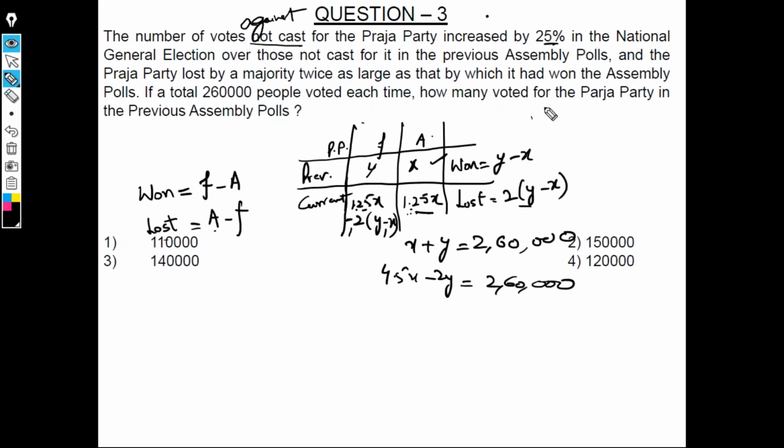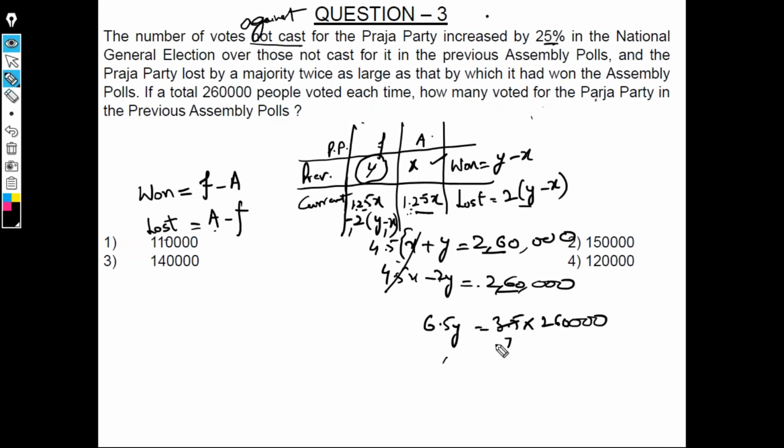And it asks how many voted for the Praja Party in the previous assembly polls. So we require the value of y, which means I need to eliminate x. So multiply equation 1 with 4.5 and subtract the second. X got cancelled out. 4.5 plus 2 is 6.5y, which equals 4.5 into this value minus 1 into this value, which is 3.5, into 2,60,000. So just simplify this.